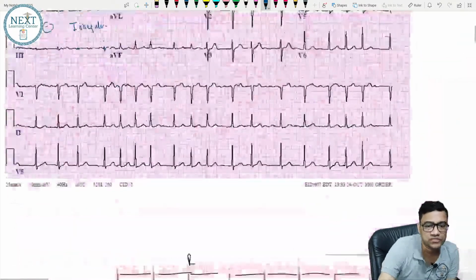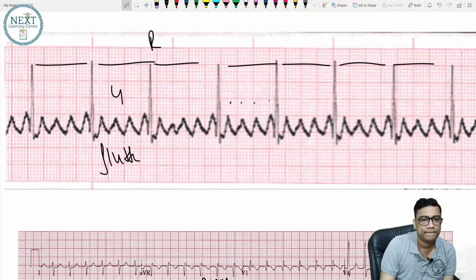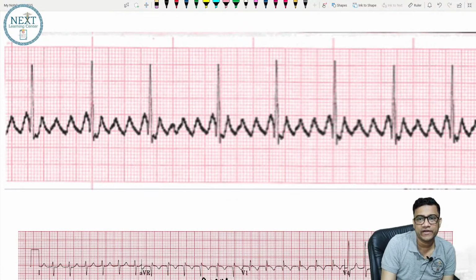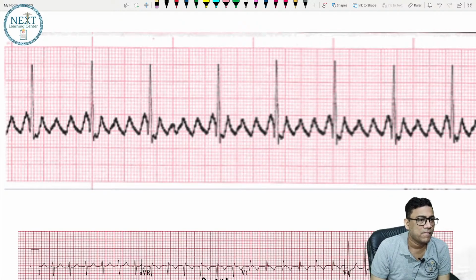Let's look at this ECG. What do you see here? Tell me the findings or diagnosis if possible.